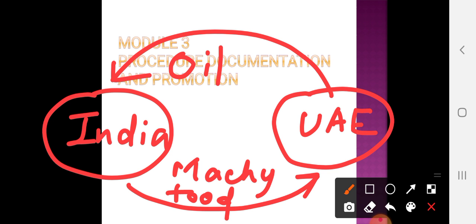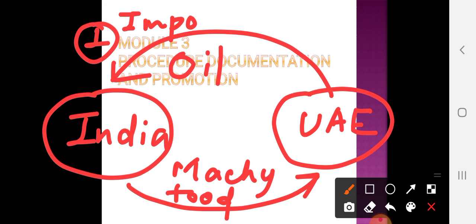We'll take the first example, in the case of oil products. India is buying oil from UAE, so India will be called the importer, and UAE will be called the exporter in this first transaction.